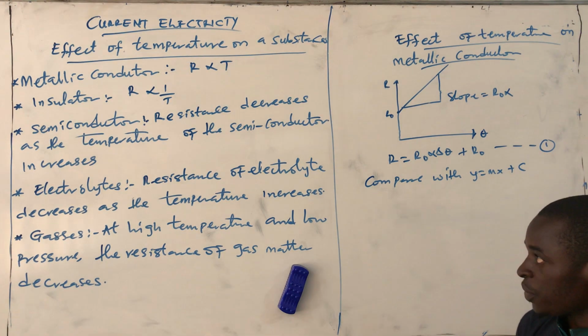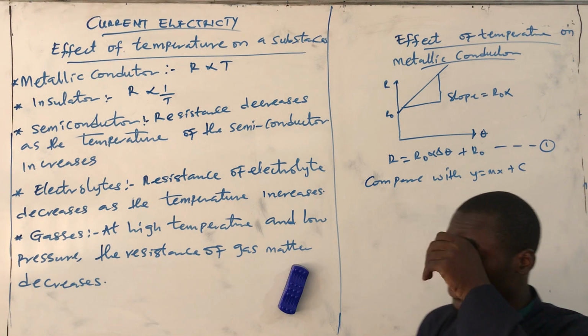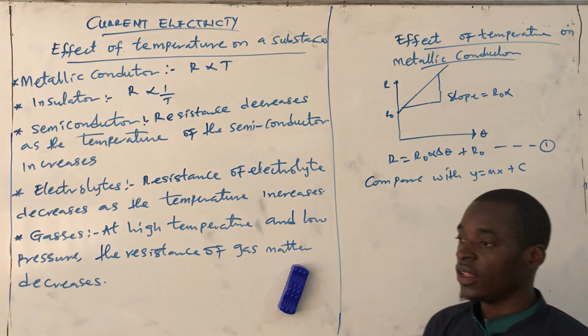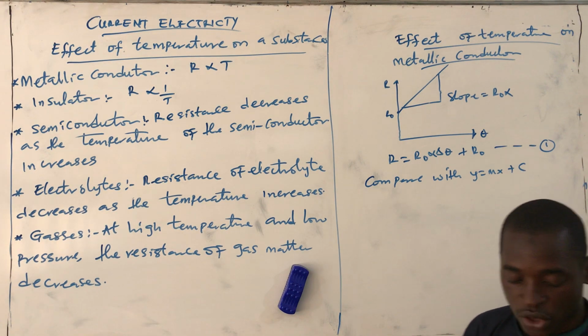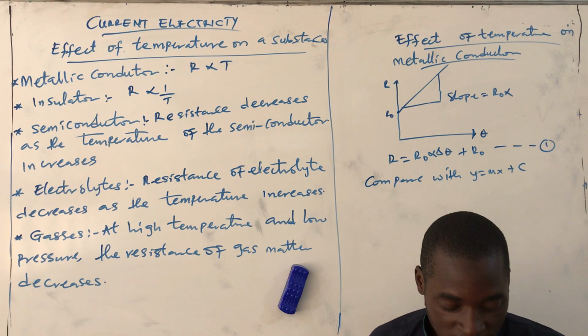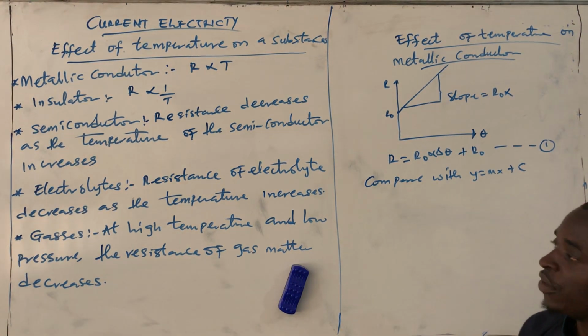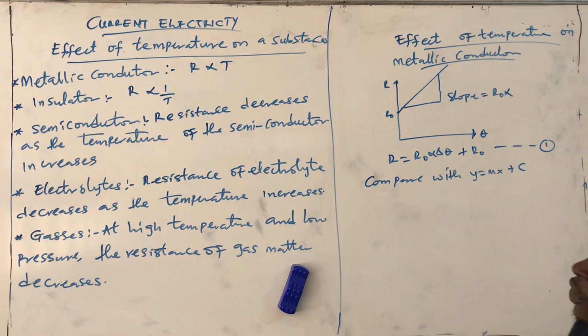In the case of an insulator, the resistance of the insulator is inversely proportional to the temperature. So it means that the resistance decreases as the temperature increases. Then we have semiconductor.